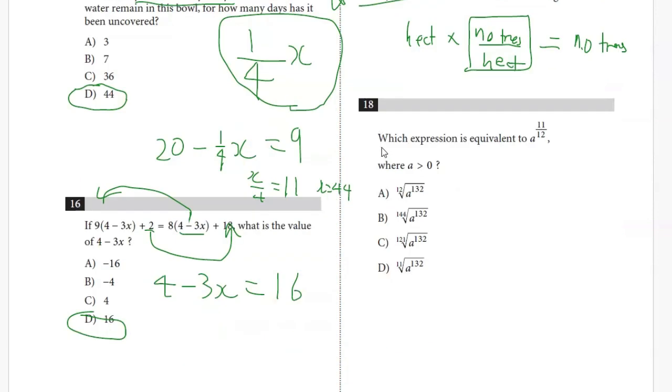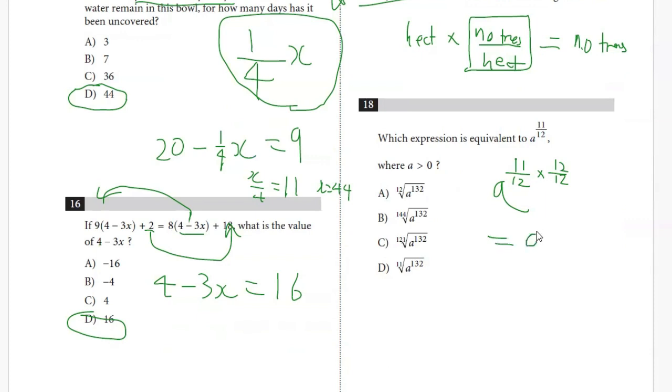Okay. Question 18, which expression is equivalent to a to the power of 11 over 12? I'm going to go ahead and multiply the 12 on the numerator and denominator, so it becomes like this.